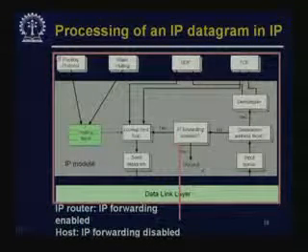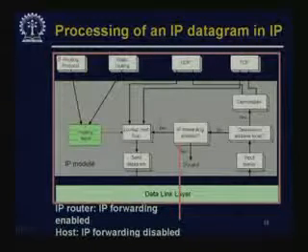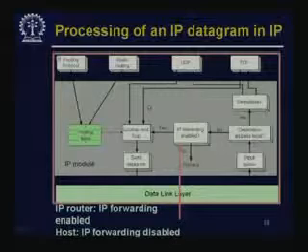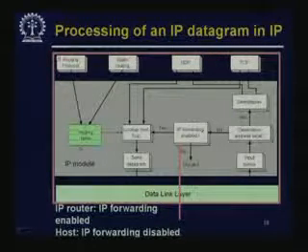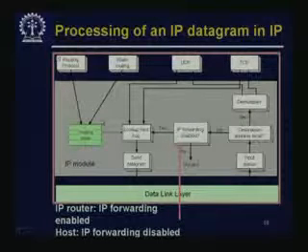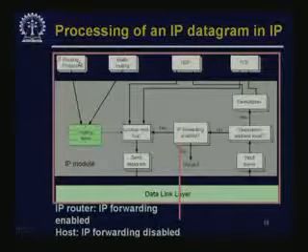This is a slightly higher level and more abstract view of processing an IP datagram in IP. Okay. So, there is this IP module. There is a routing table, this is the central thing. There is a routing protocol which may make this table.